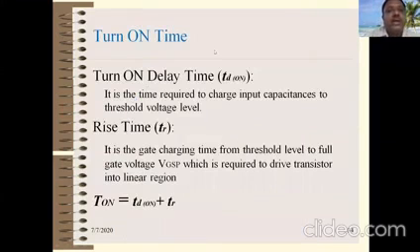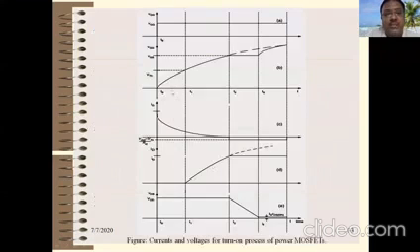So turn on delay time, TD on, is the time required to charge the input capacitances to the threshold voltage level. These two capacitances, CGS and CGD, are required to charge up to the threshold level, as shown here in the graph.